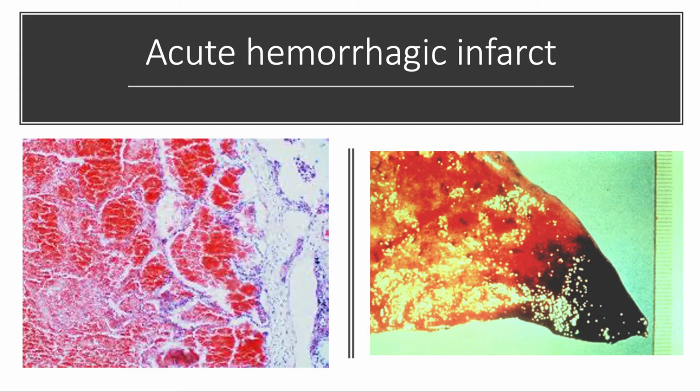Extravasated red cells in hemorrhagic infarcts are phagocytized by macrophages, and the heme iron is converted to intracellular hemosiderin. Small amounts do not impart any appreciable color to the tissue, but extensive hemorrhages leave a firm brown residue.